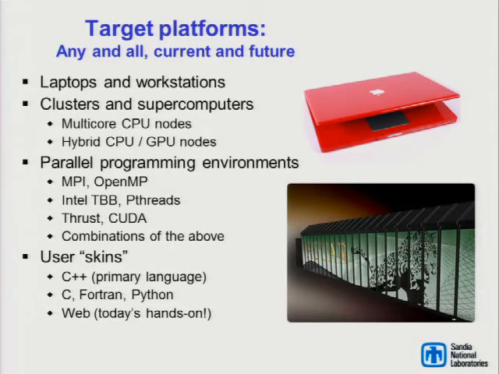But we have skins for Trilinos as well. So we have interfaces in C, Fortran 2003, Python, and then for our hands-on tutorial, we have Web Trilinos, which is basically a web interface to play around with, showing you how it works, that we use for demos. I wouldn't use it for anything substantial or real, but it's good for these sorts of things.